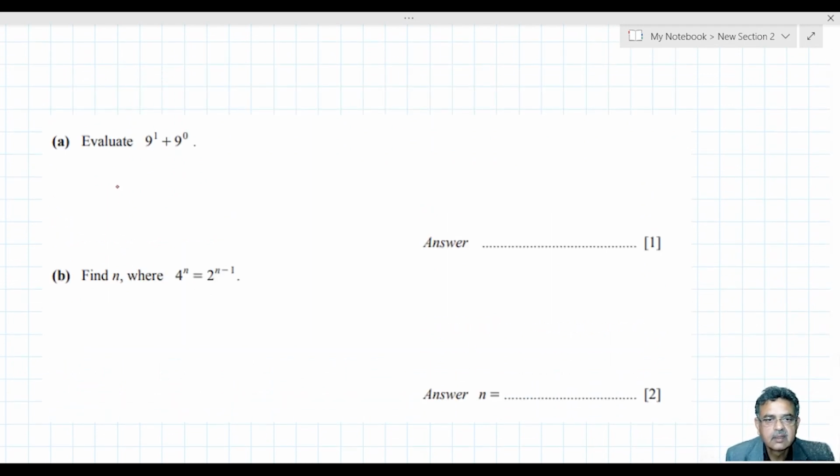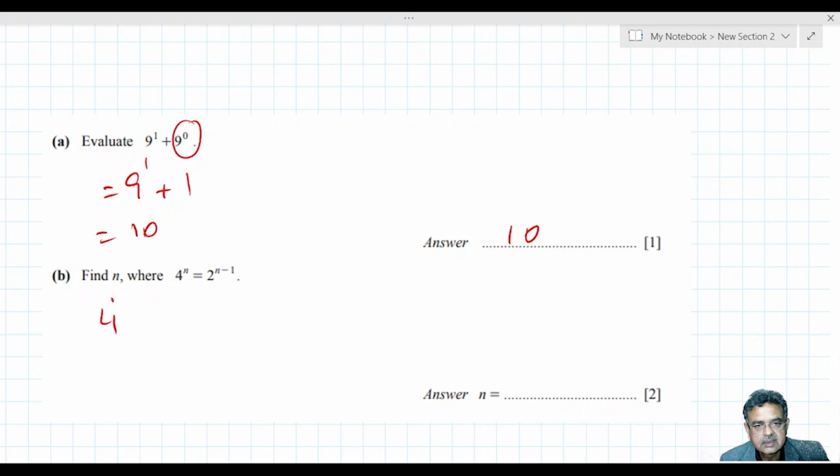Evaluate 9 power 1 plus anything power 0 is 1. So 9 plus 1, that is 10. Now here this is little different, and -1.